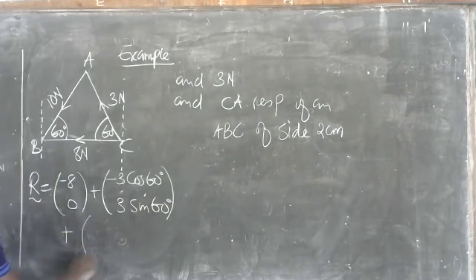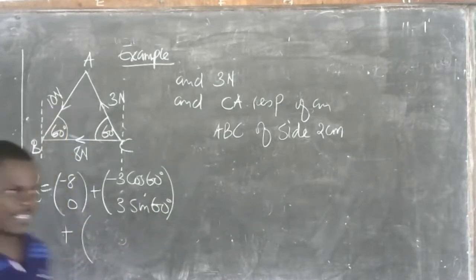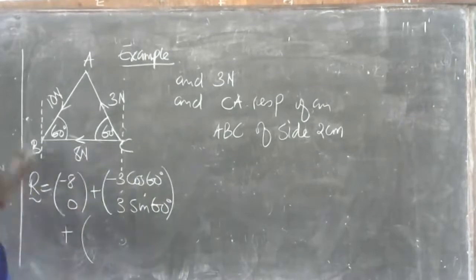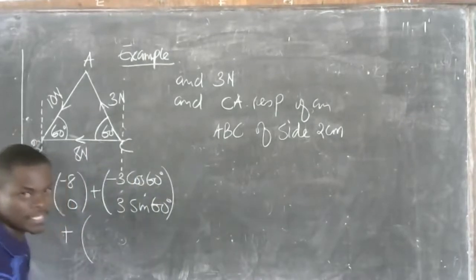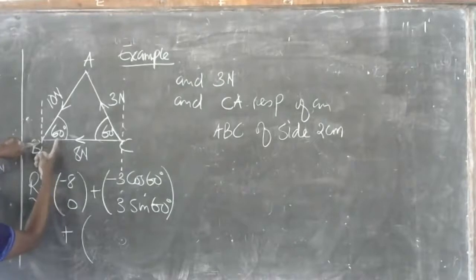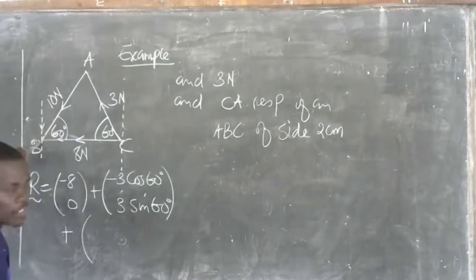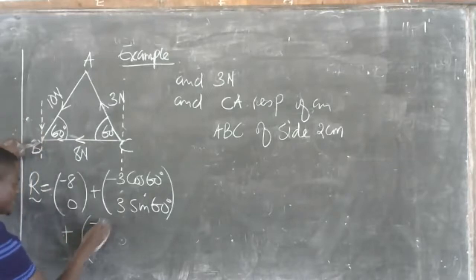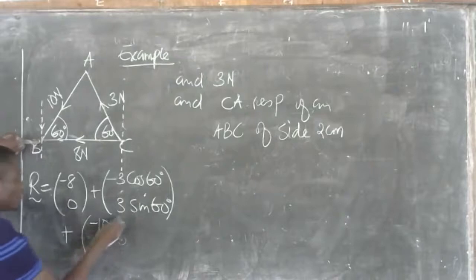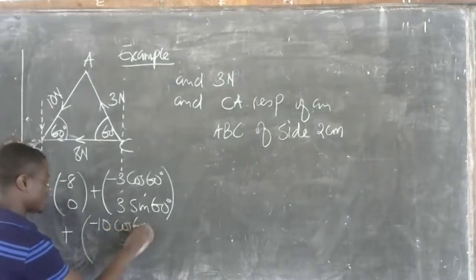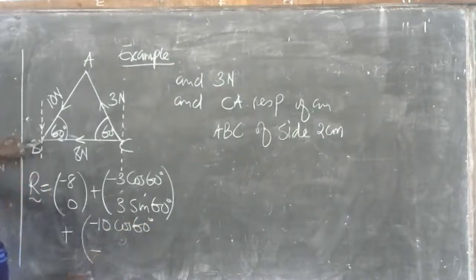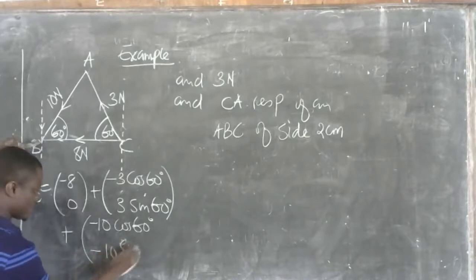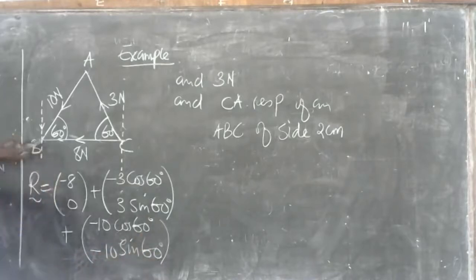Then plus the 10 Newton force using 60 degrees, moving towards the point B. So x is negative and y is negative. Towards B for 10 Newtons, so negative 10 cos 60 degrees, negative 10 sine of 60 degrees. Yeah, that's it.